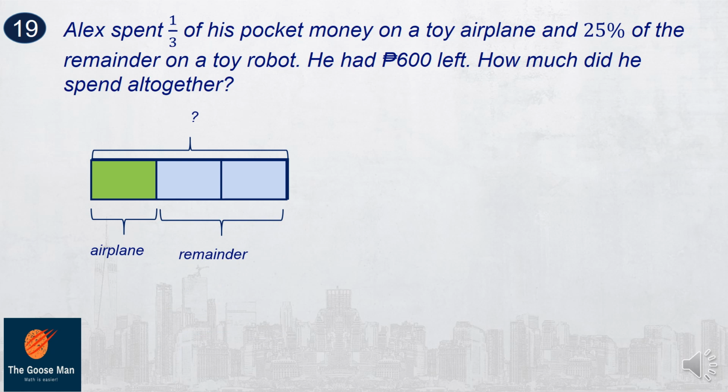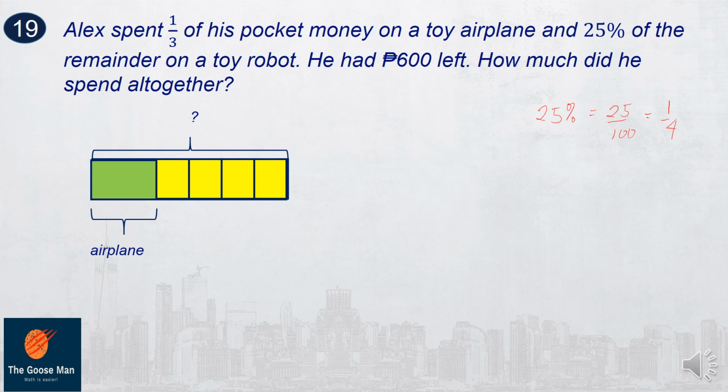Next, from that remainder, we divide this one into 4 equal parts. Why? Because take note that 25% is the same as 1/4. Let's recall. So 25% is actually 25 over 100, or the same as 1 out of 4.